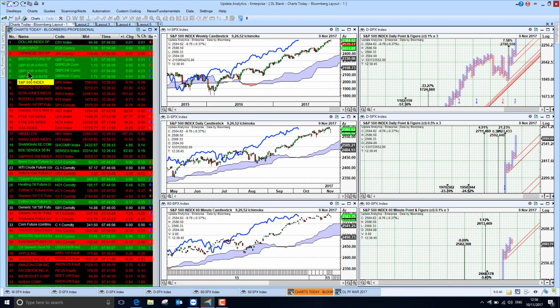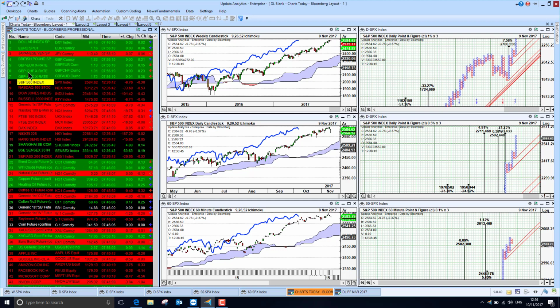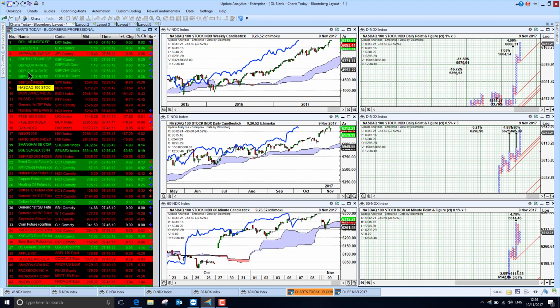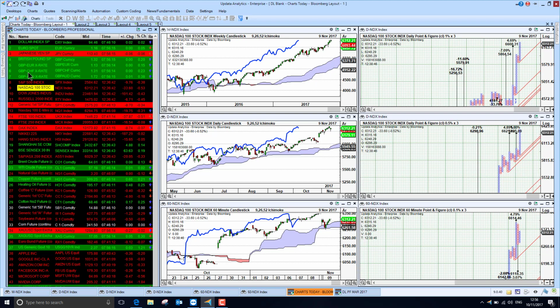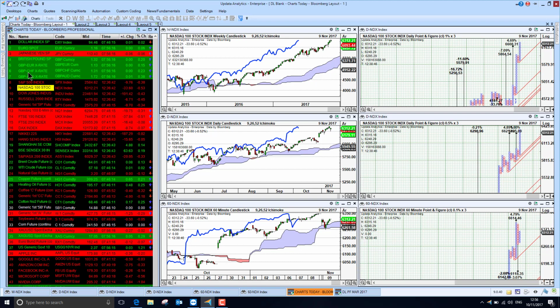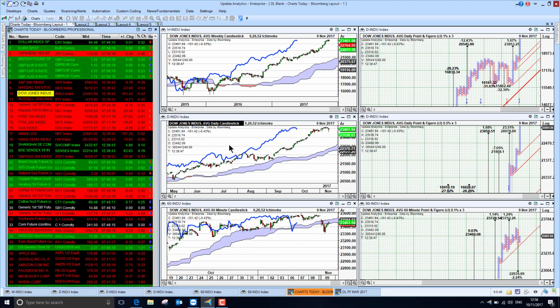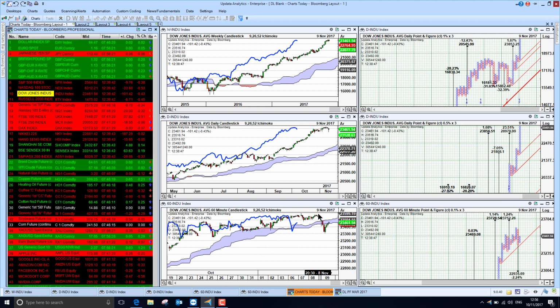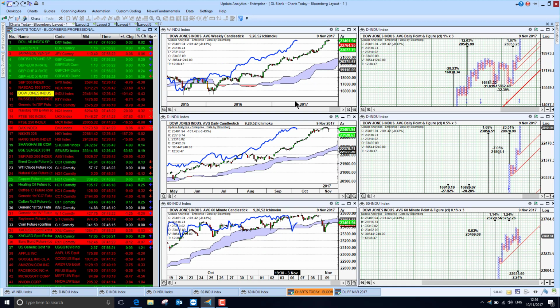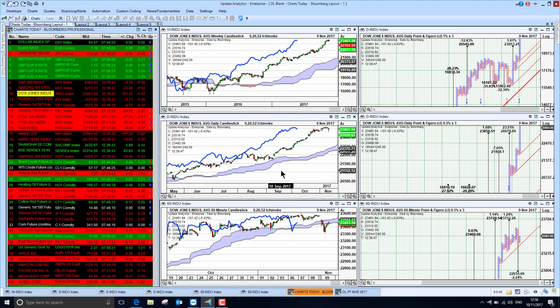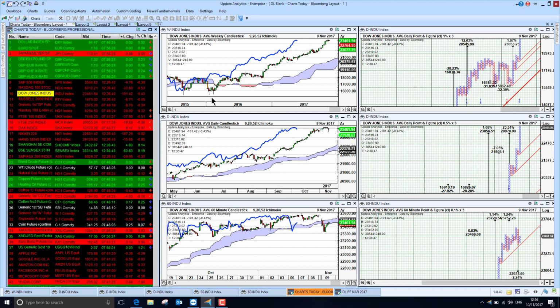The S&P 500 index was down by 10 points last night, and the NatGas was down 0.5%. So we are just seeing a retracement in the markets, but still looking bullish in all 3 time frames. The Dow also came off quite significantly, about 0.4%, down 100 points. But 100 points these days on the Dow is not a great amount, given that we're at 23,000.